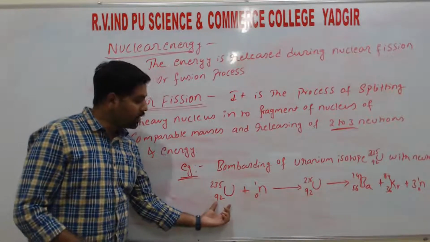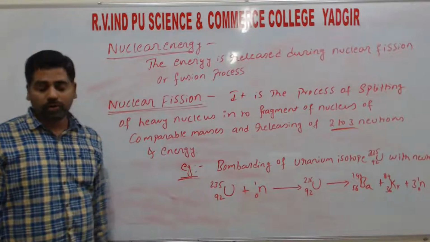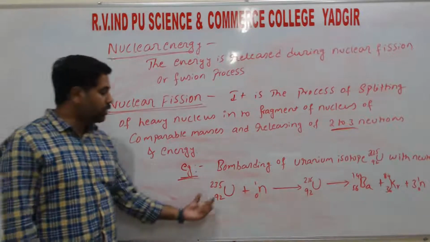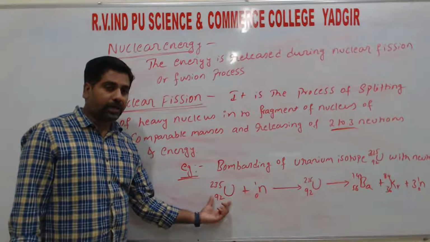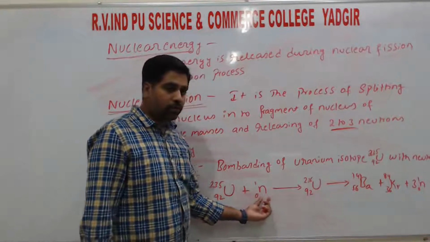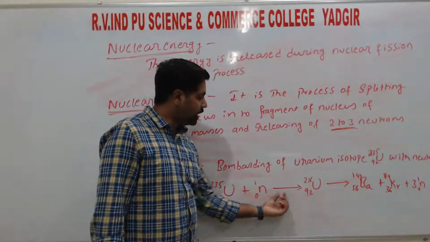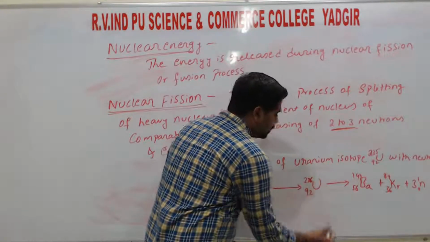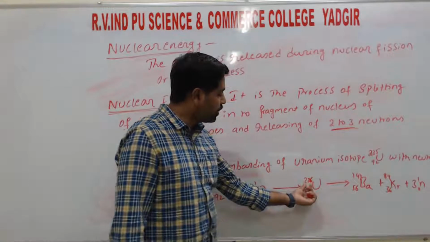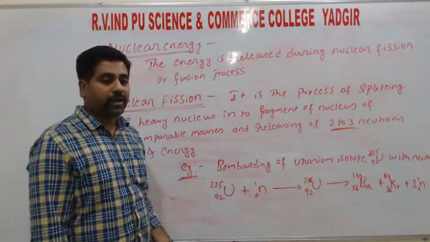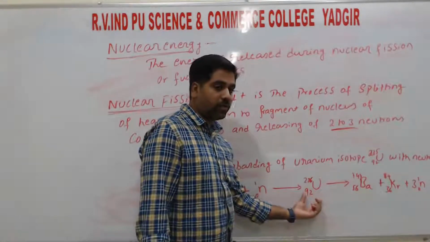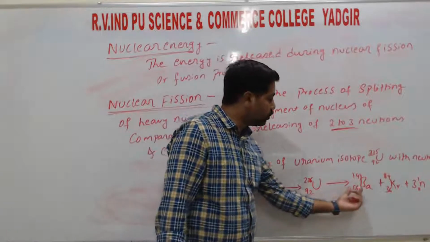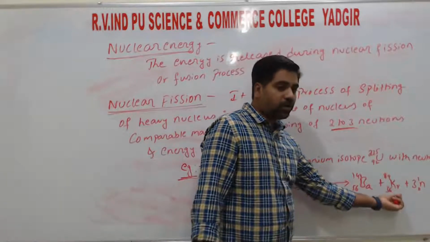This is the uranium isotope, uranium 235, right? When it is bombarded with one neutron, we get the heavier nucleus of mass number 236. That value is greater than 170, so this nucleus is heavier and splits into two separate nuclei.